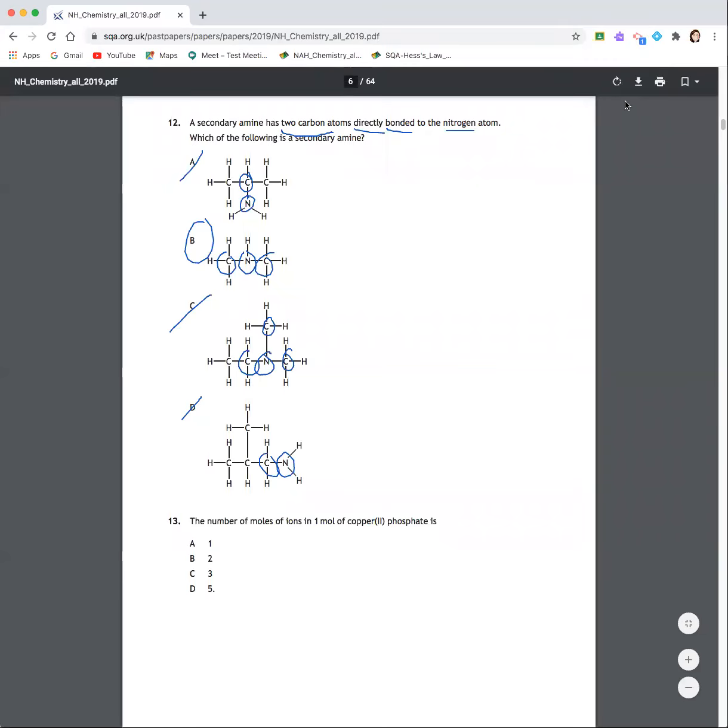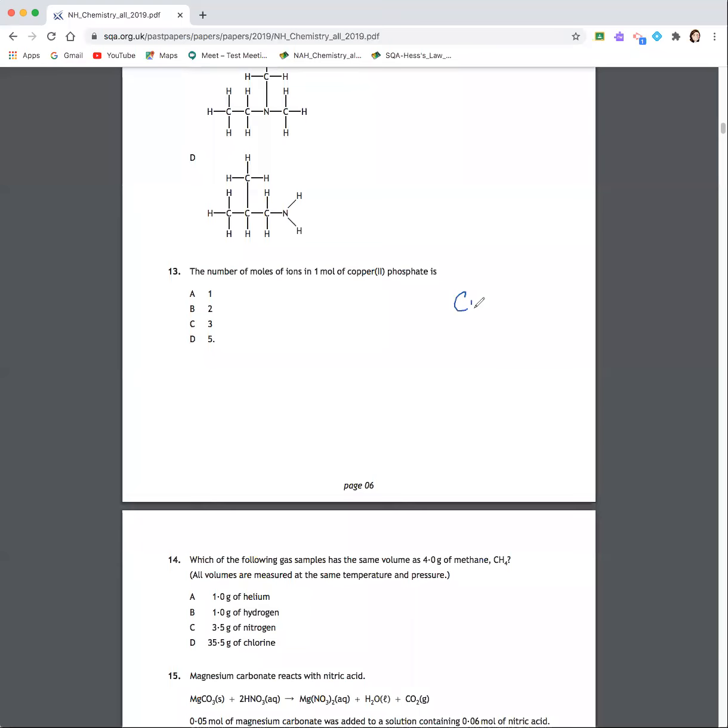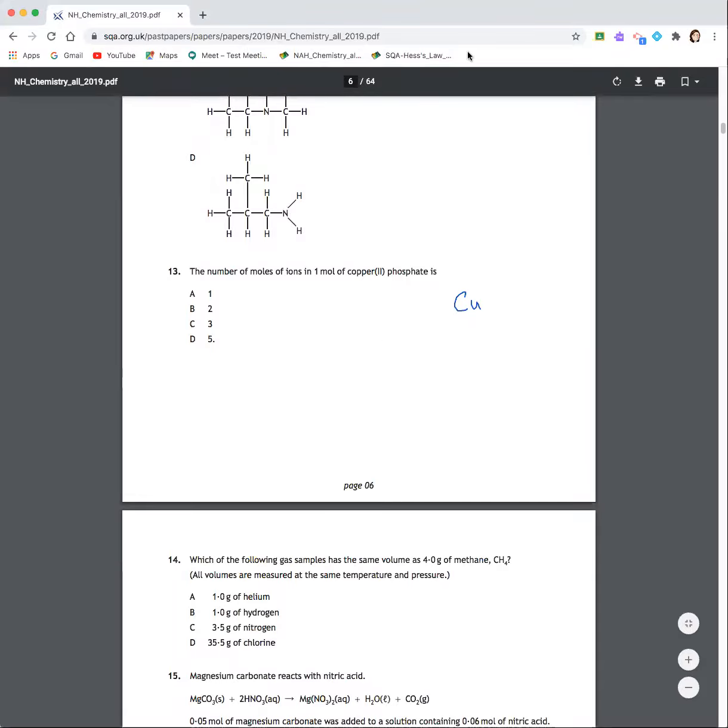Okay, then question 13. The number of moles of ions in 1 mole of copper(II) phosphate. So you need to know the chemical formula for copper(II) phosphate first. This is going to take you back to your National 5 days. The copper has got a valency of 2 in this case.